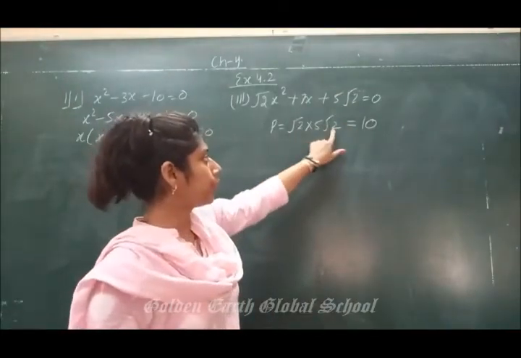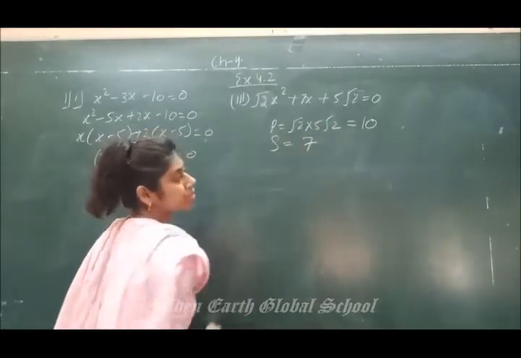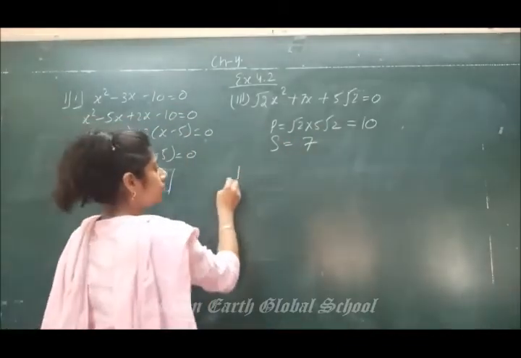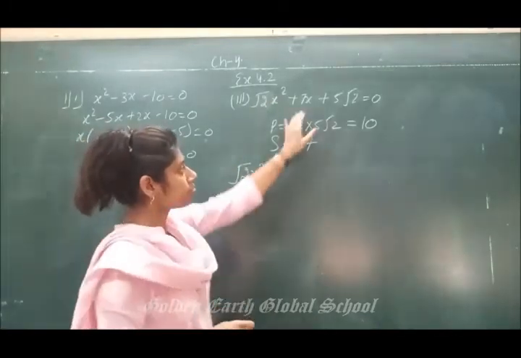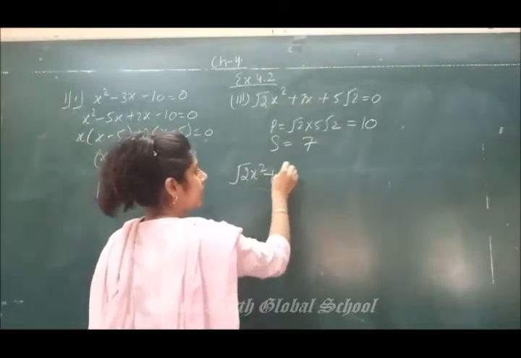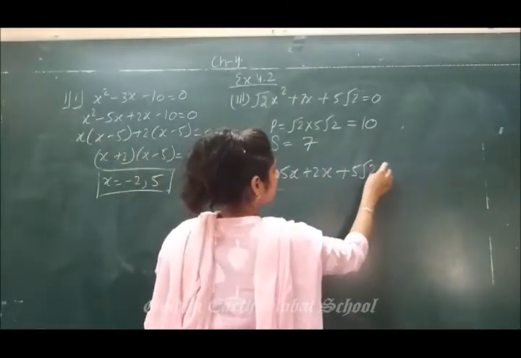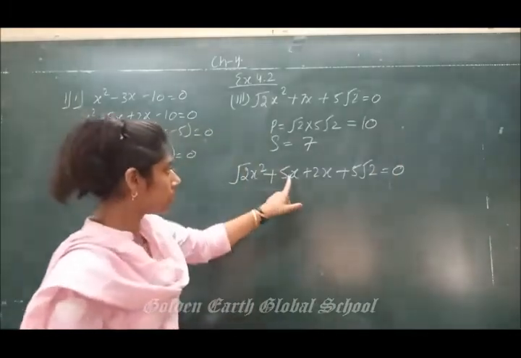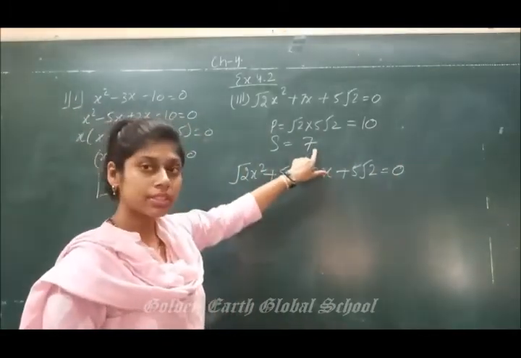Root 2 into root 2 is 2, 2 5s are 10. And the sum should be equal to 7. So the factors will become, first term same, this 7 can be written as 5x plus 2x, and constant term same. Because now check, 5 2s are 10, 5 plus 2 is 7.